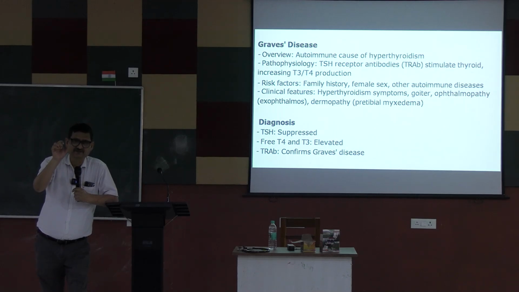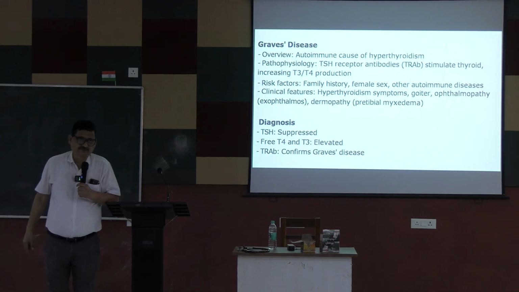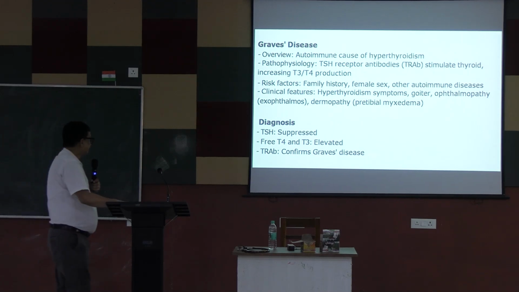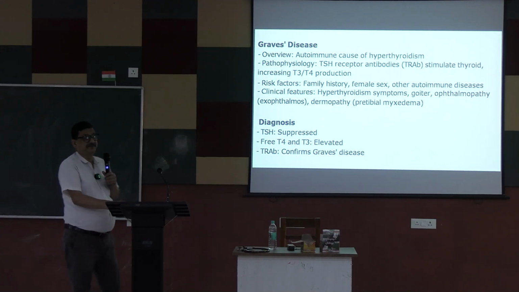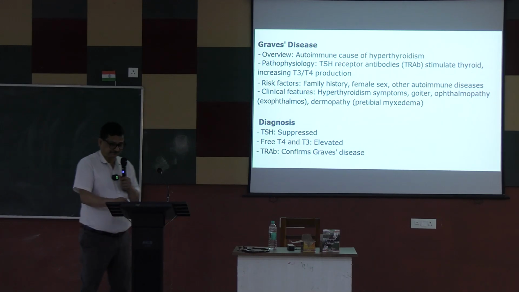So these clinical examinations, please go through it. Now exophthalmos is very rare, but here also we have one patient regularly following up at OPD with bilateral proptosis. And dermatopathy, this is pre-tibial myxedema, which we will call.